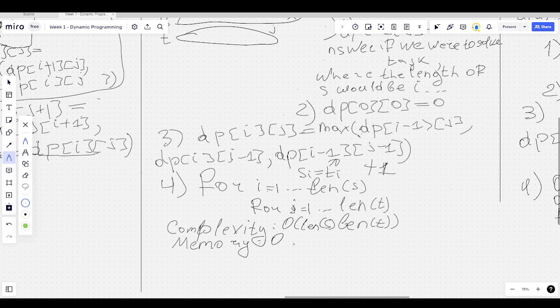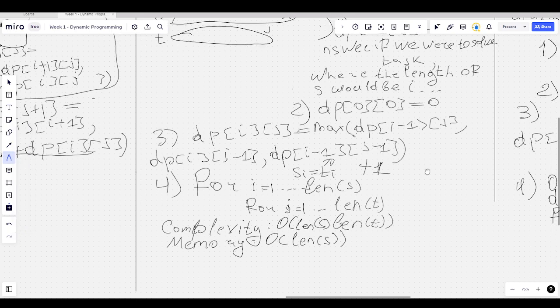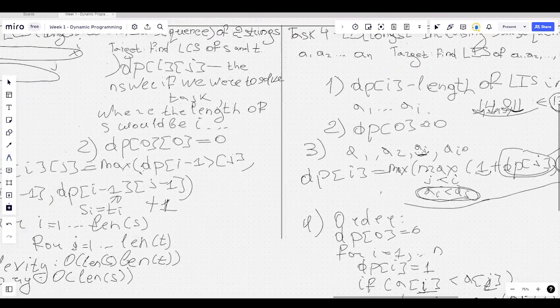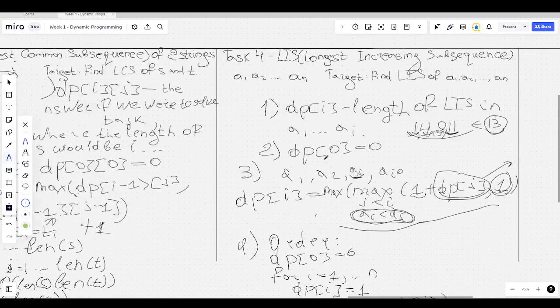Analogically it can be improved because the order is trivial, and it will be len S. Okay, let's move on to the next task.